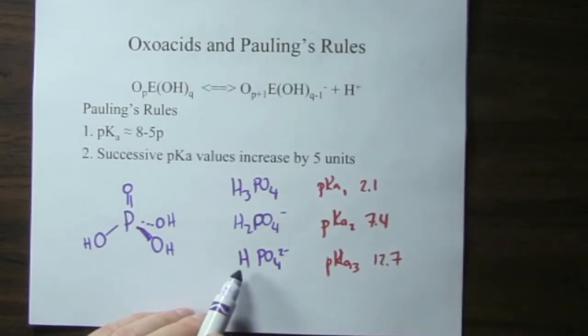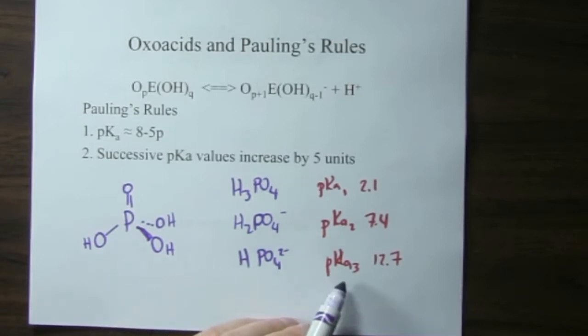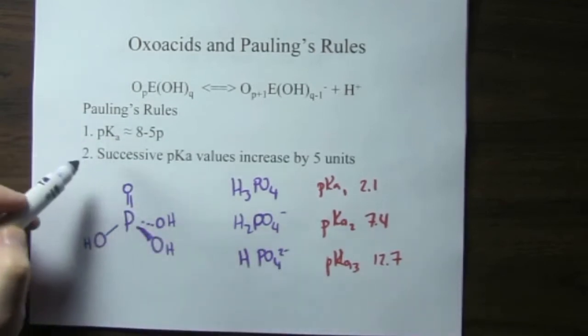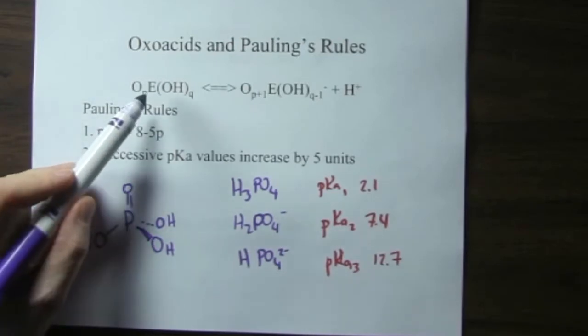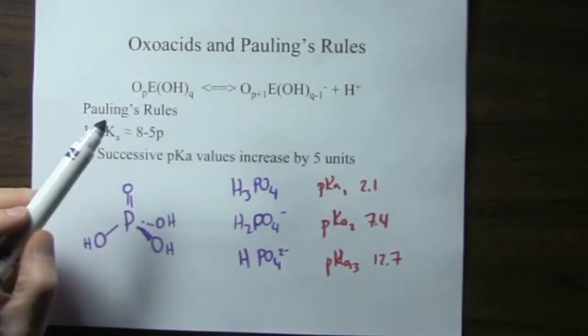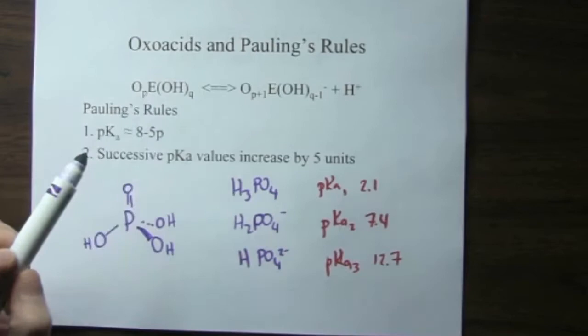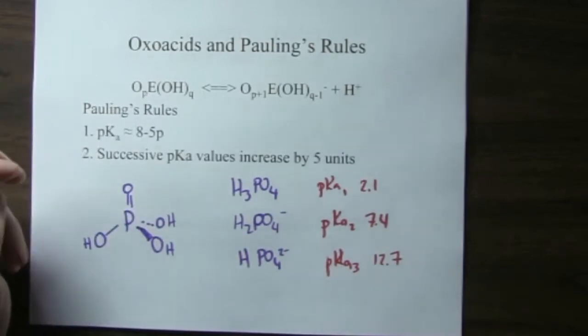And then the third proton, again, should increase by another 5, so it should be around 13. And here you see the pKa of the third proton is 12.7. So now we're getting close to what we predict by these simple rules. You could also do this for sulfur or nitrogen or some other nonmetal.